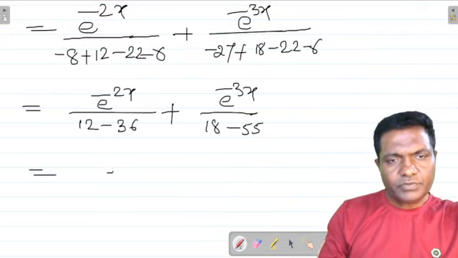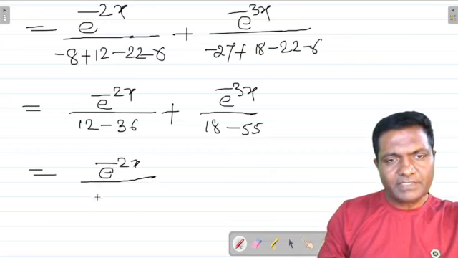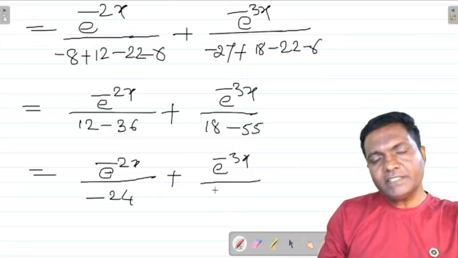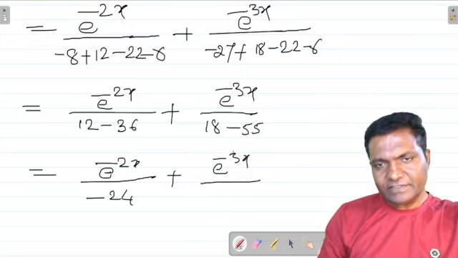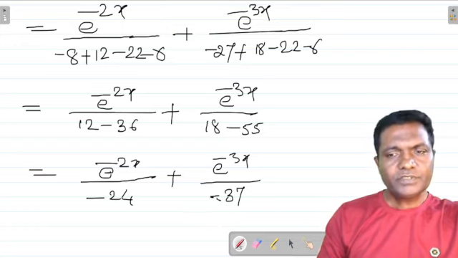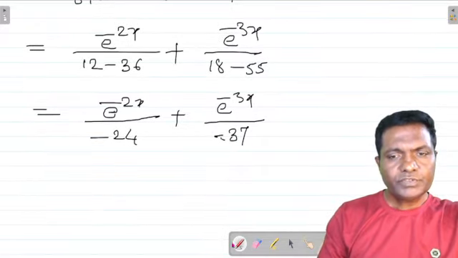So this gives you e power minus 2x divided by 12 minus 36 is minus 24, plus e power minus 3x divided by 55 minus 18. Calculate this, it is minus 37. So this is your yp.